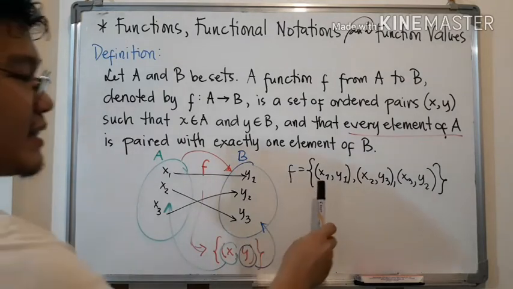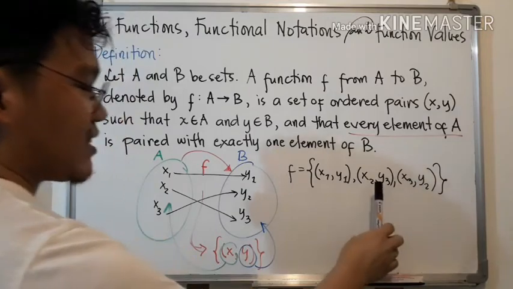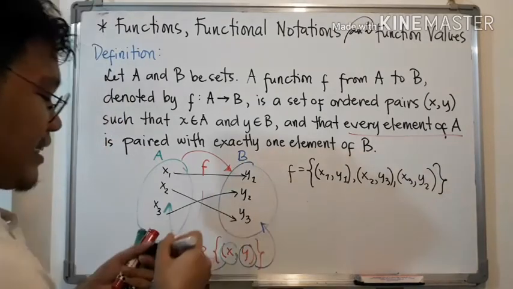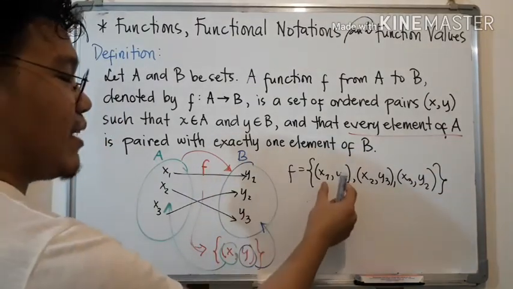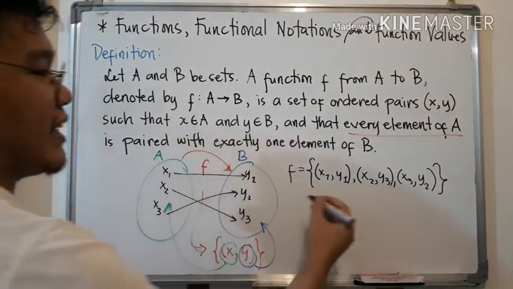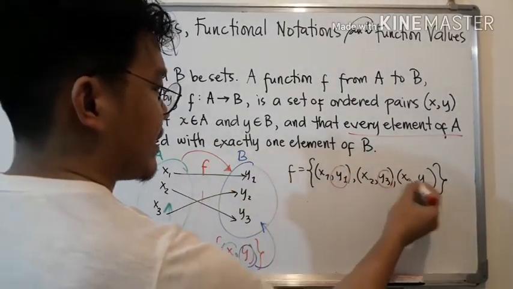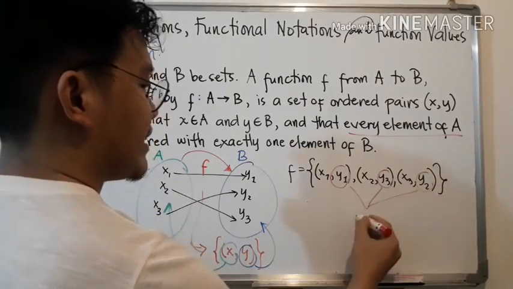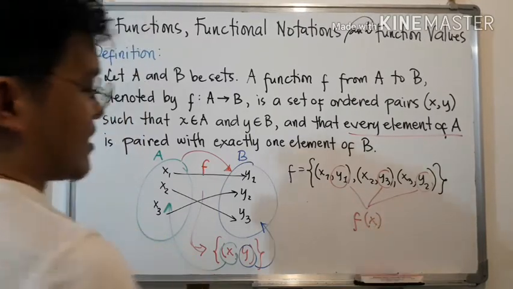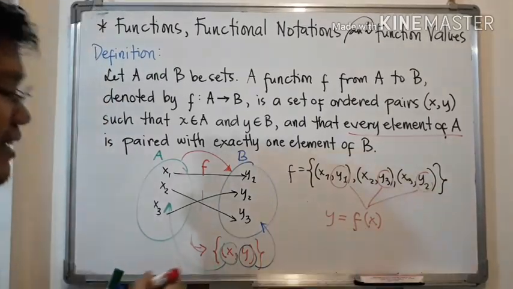Now, since these ordered pairs are in set f, okay? Since itong mga ordered pairs na to are found in set f, meaning to say that each y here is a function value at x. So that's why y is the function value at x.